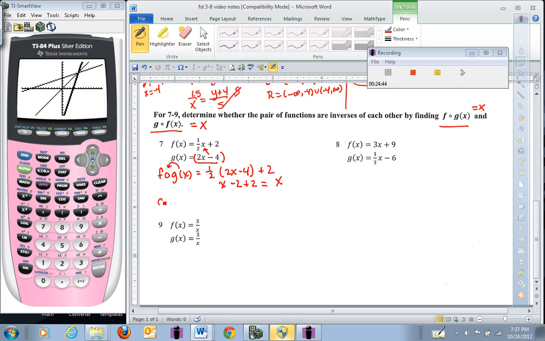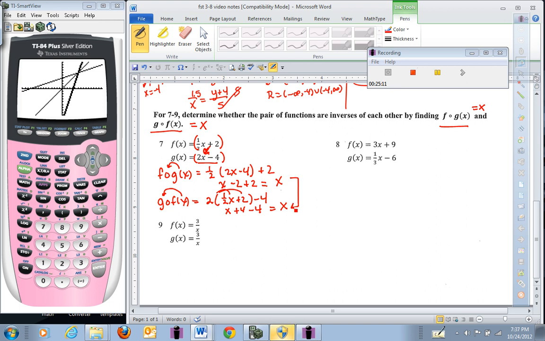Then we need to look at g of f of x, which means we're going to put f into g. So we're going to take this and put it into g. To do that, we'd have 2 times 1/2 x plus 2 and a minus 4. So 2 times a half x is 1x, then plus 4 on our distributive law, minus 4, and that's equal to x.